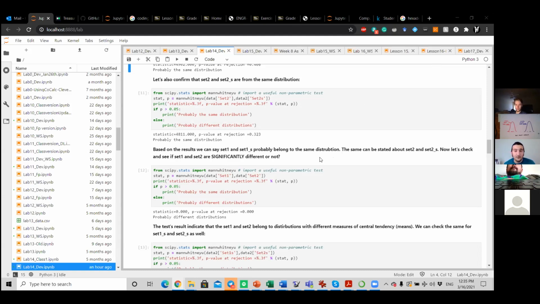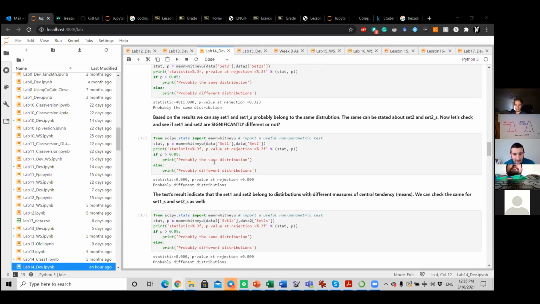Now, we are going to run the same test on set 1 and set 2, and look at this p-value. This is awesome. Very high confidence level. So you are quite confident that set 1 and set 2 are coming from different distributions.